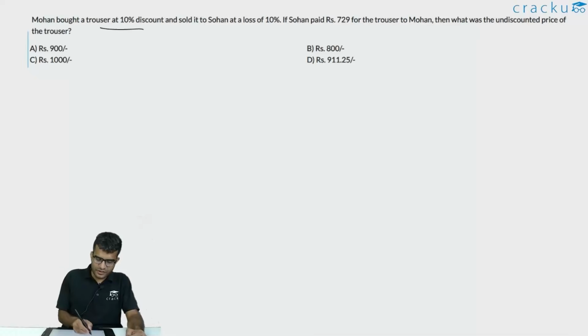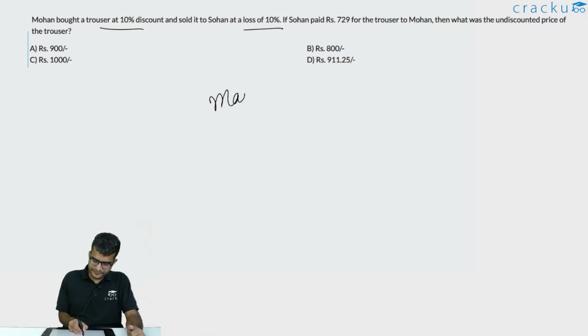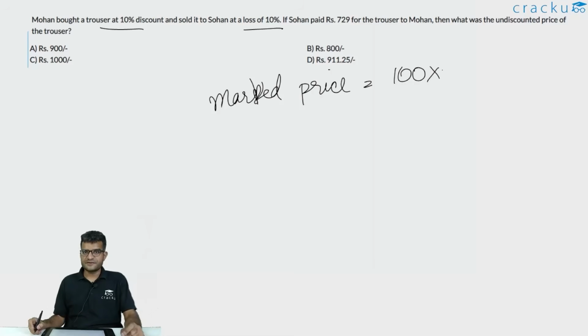In this question, we are told that Mohan bought a trouser at 10% discount and sold it to Sohan at a loss of 10%. Let us assume that the mark price for Mohan is 100x. The discount is 10%.